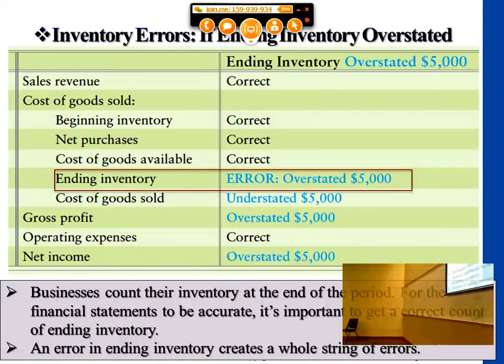If you have too much inventory here, then you also recorded too little cost of goods sold expense, an understatement of $5,000. And if expense is understated, remember that expense is subtracted from revenues, so your gross profit and net income would also be overstated by $5,000.